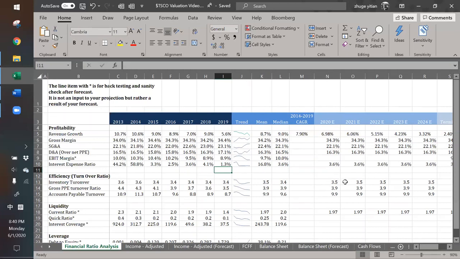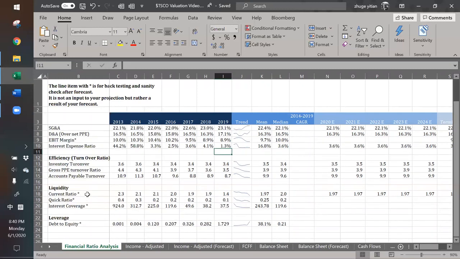If you think the company is improving its efficiency, you might want to increase the PP&E turnover ratio over time. If you think the company will have less efficient assets, you would decrease it over time.